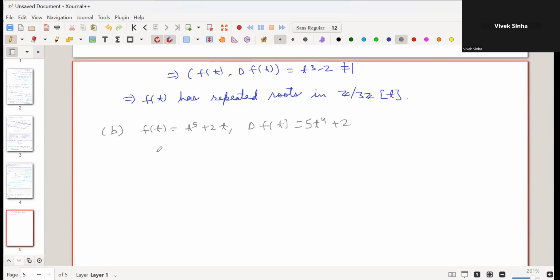But see, one thing you can do: you can take t from here and this will be t4 plus 2.